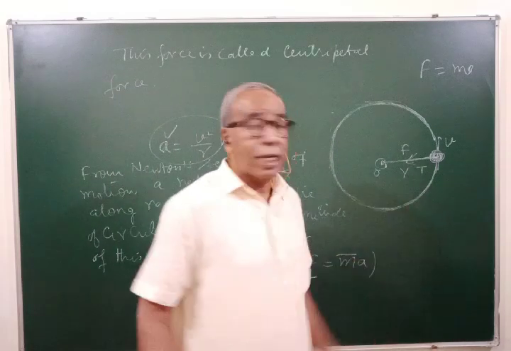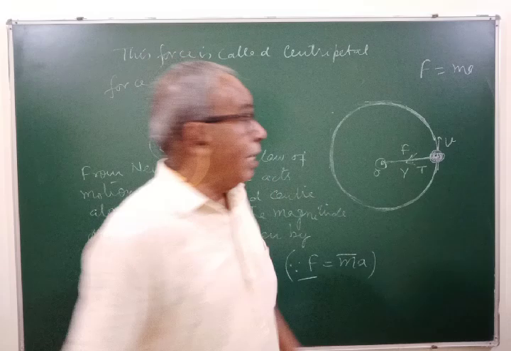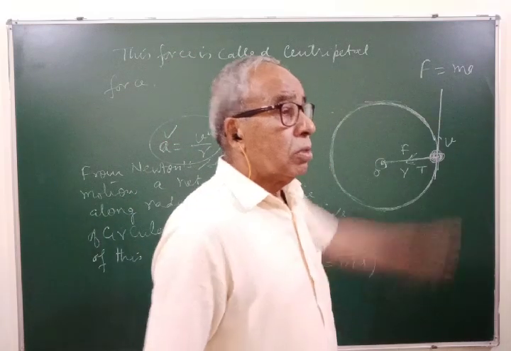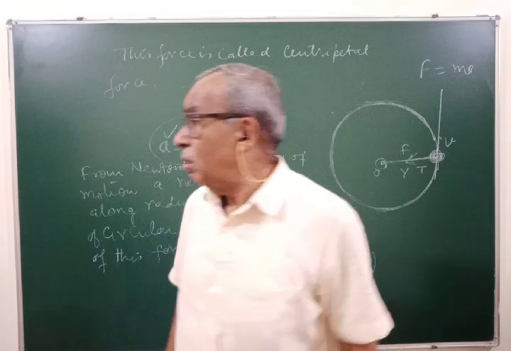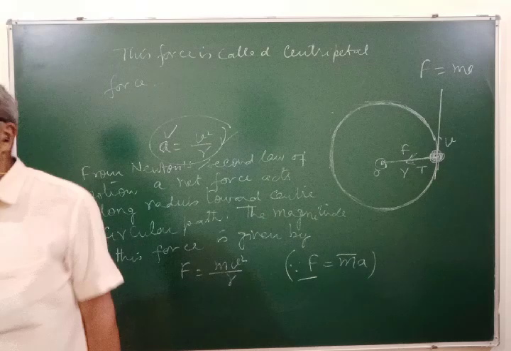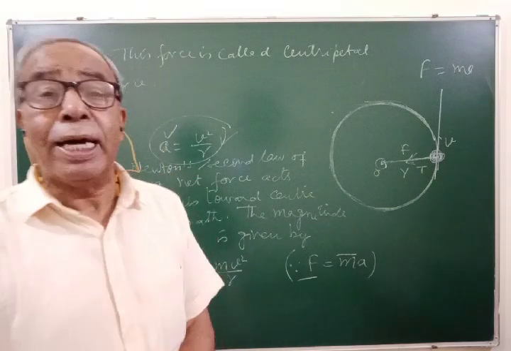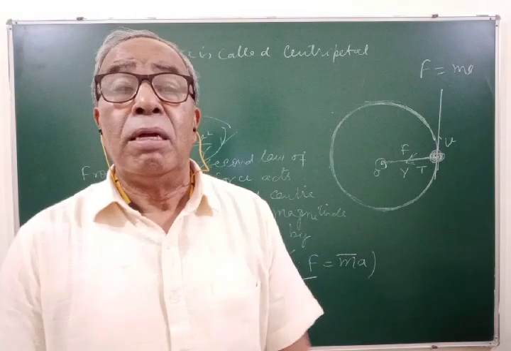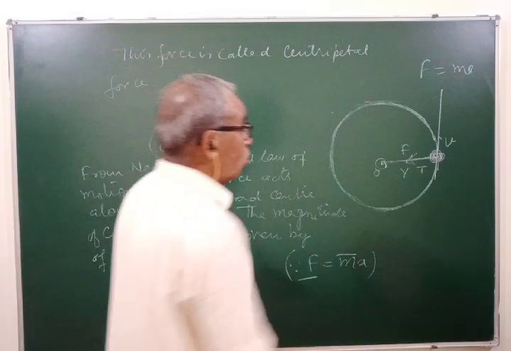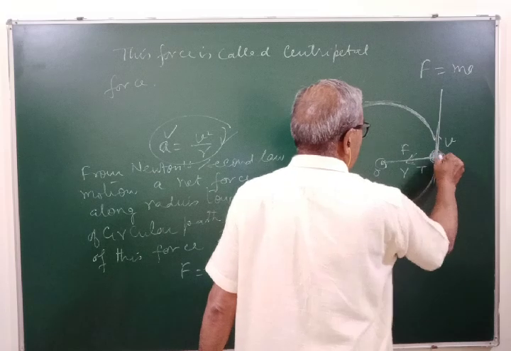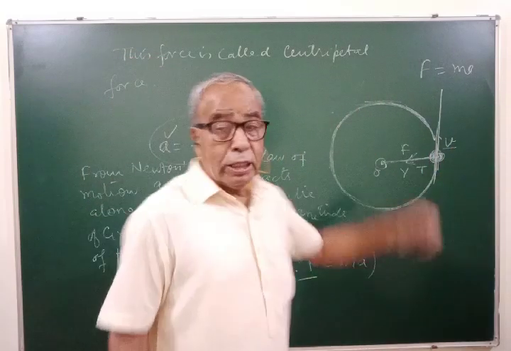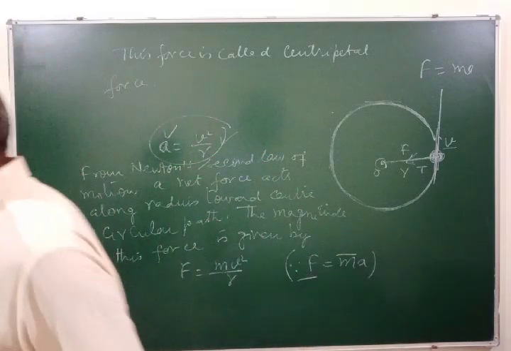If the string is cut anyhow, then the body will continue in a straight line and go tangentially. So this central force is a required force. Why is it required? Because direction has to be changed continuously, and this force which acts at right angle does not change the magnitude of velocity, only changes the direction.